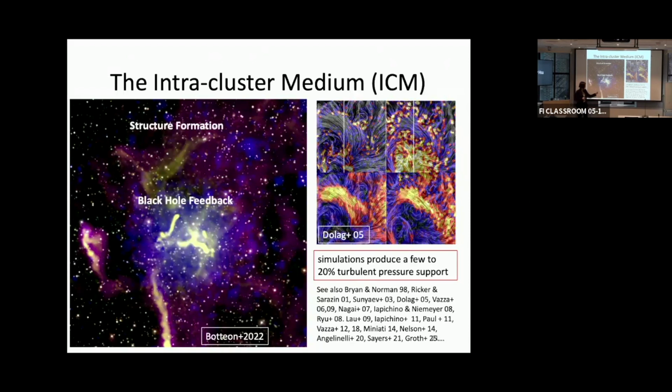These are structures detected in the radio band. So these are synchrotron emissions from relativistic particles, likely accelerated by turbulence. And as I mentioned earlier, turbulence can be driven by structure formation in the bulk of the ICM. And then in the centers, there's also black hole feedback that can potentially drive turbulence.